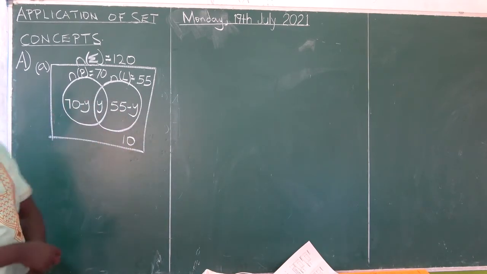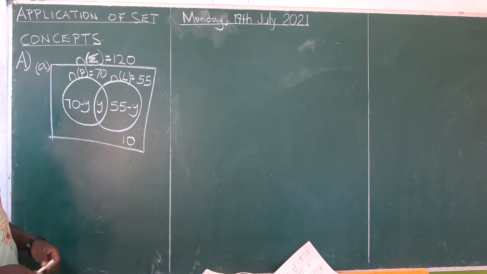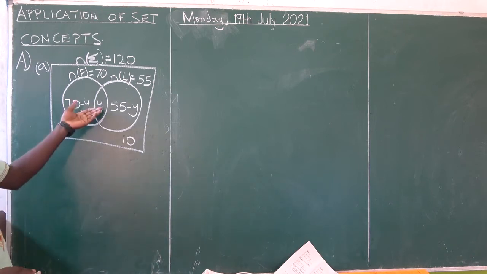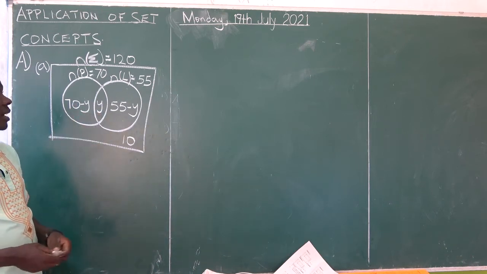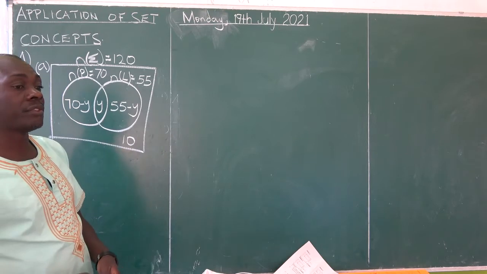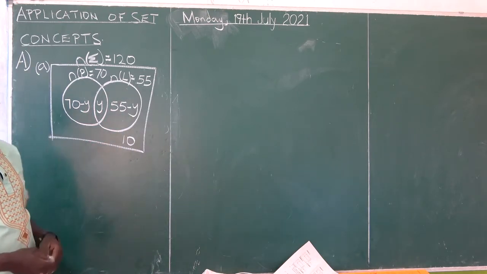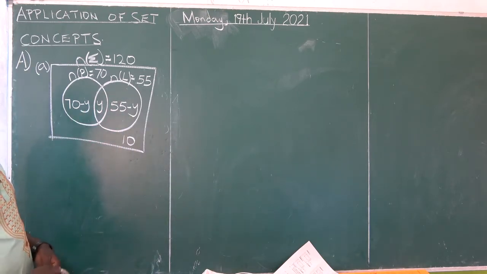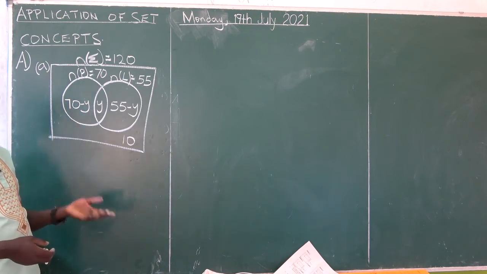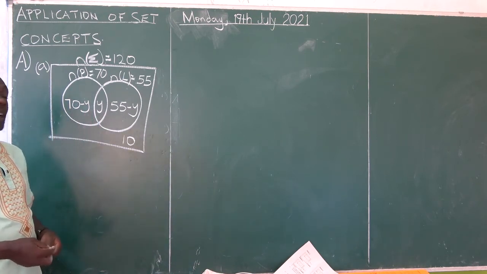You must note that somebody can tell you to represent the information on the Venn diagram like it is shown on your screen. So you have represented. This is the answer. One can tell you to fill in the information on the Venn diagram. You have done the same. One can, on the other hand, tell you to show. It has been shown.